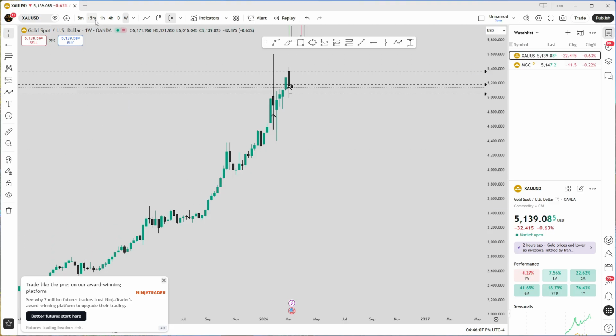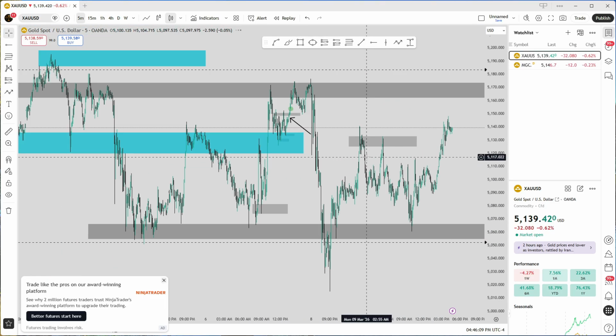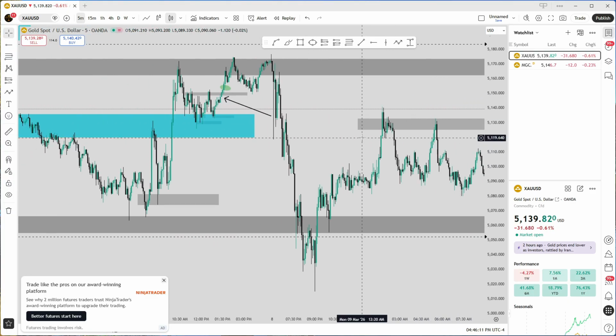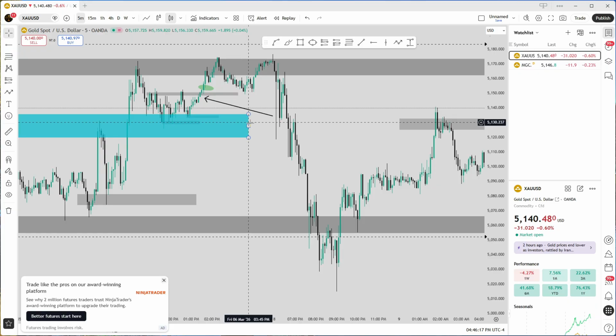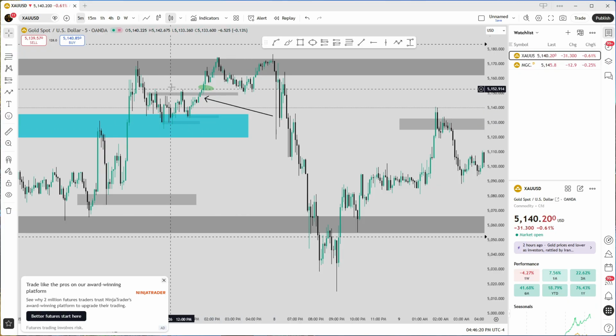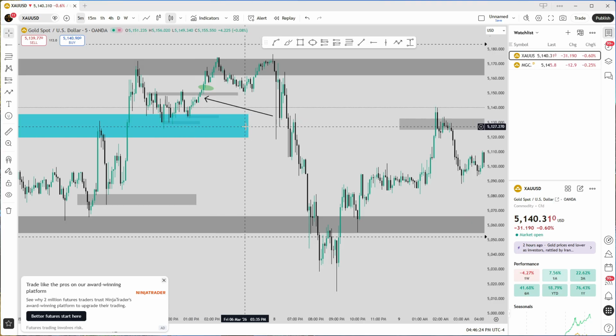Okay. So to be more accurate, I went down to the 5 and I saw that, hey, okay, this is the lower high. This is my lower high above that blue line. Because sellers come in here, sellers come in here, sellers come in here.